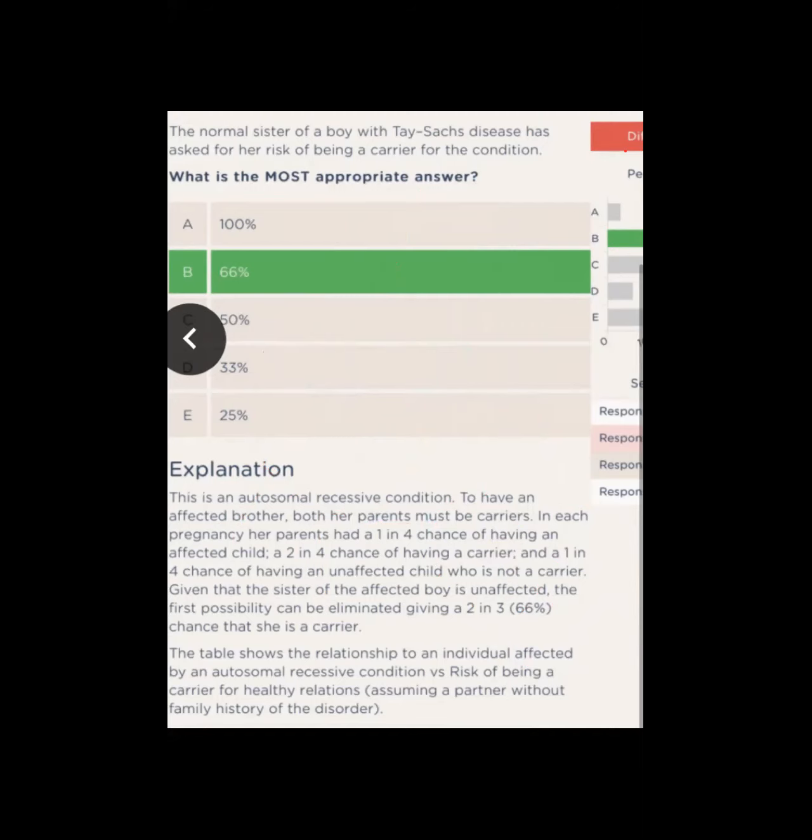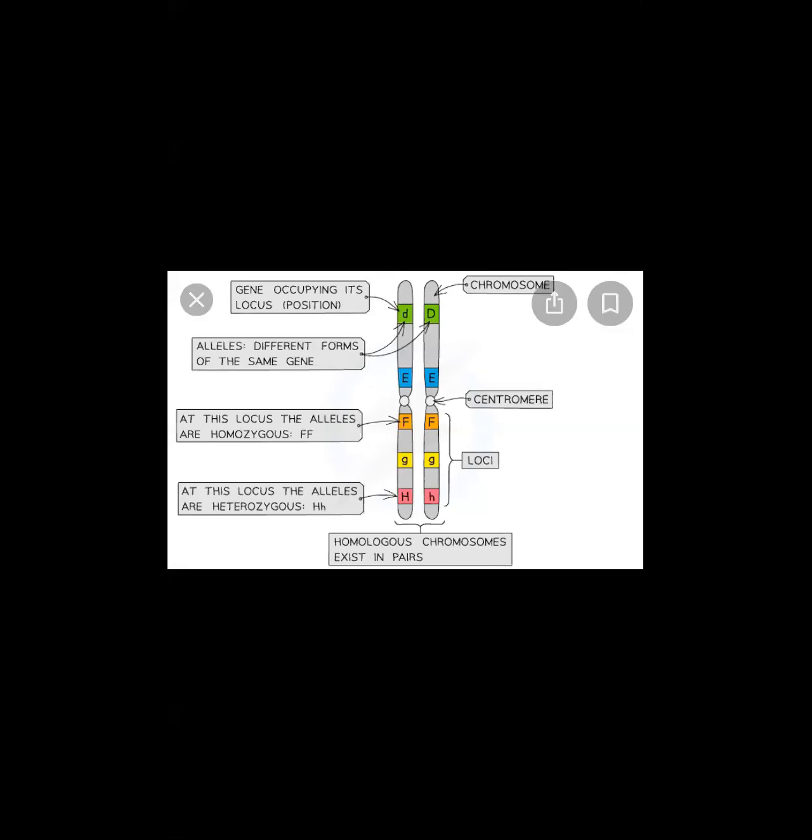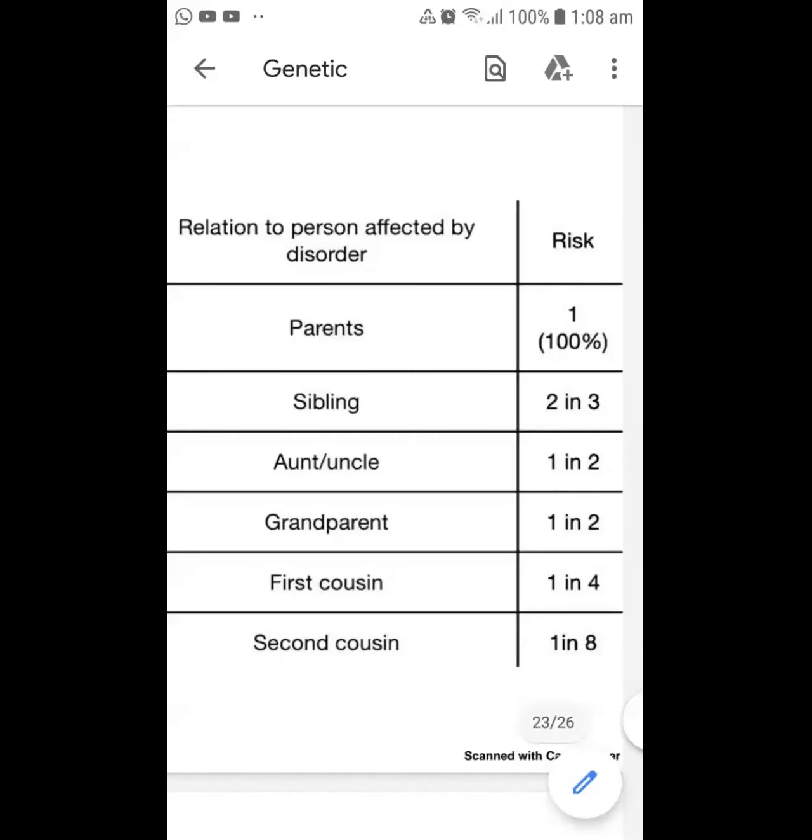Now I hope this video was helpful for you. If you remember this genetic structure, and if you remember this genetic risk calculation, how I calculate the risk in the case of an autosomal recessive condition, then you can remember the rest of the equation.